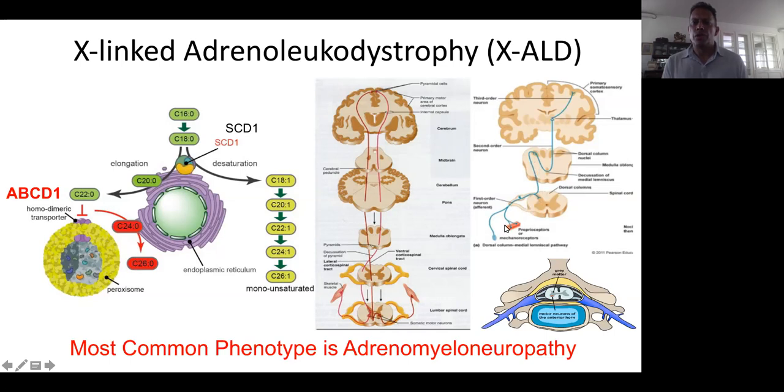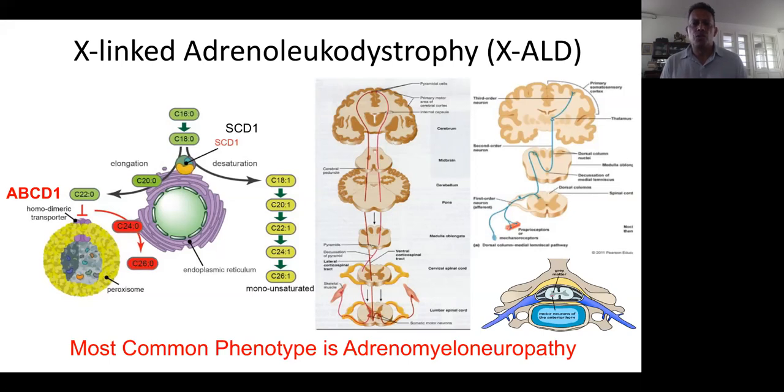It's called the sensory tract of the dorsal columns. It runs in the back of the spinal cord and brings sensory information from our peripheral nerves, from our joints, and up into the brainstem and the brain. This is the tract that's responsible for changes in sensation, for changes in balance, but also our bladder function.